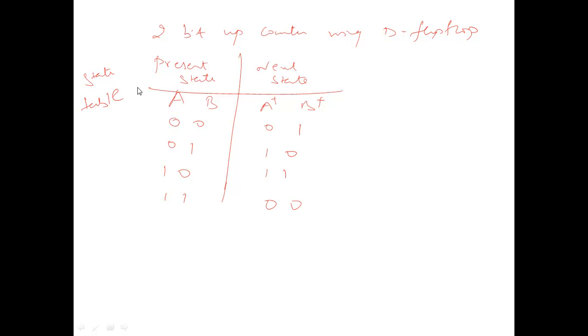Now we are changing the flip-flop. Instead of the T flip-flop, we are going to use the D flip-flop. So you have to realize this using two D flip-flops, one is DA, another one is DB. Now you are going to use the excitation table of the D flip-flop.